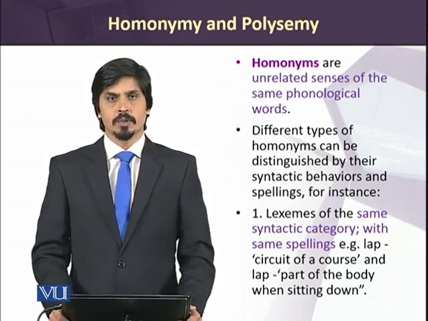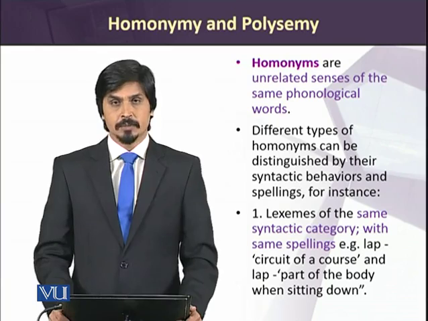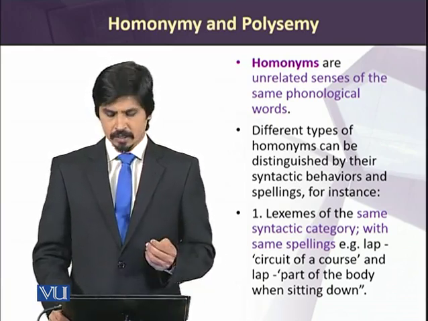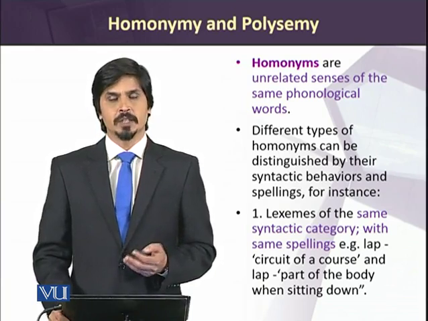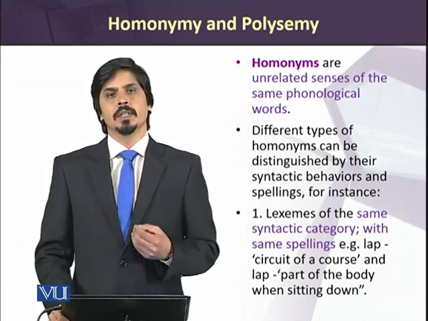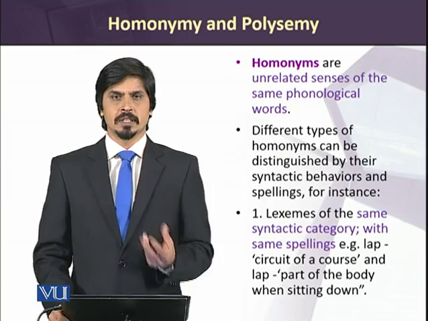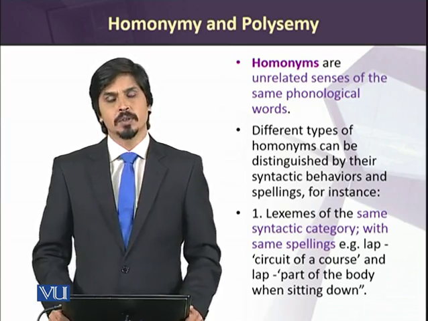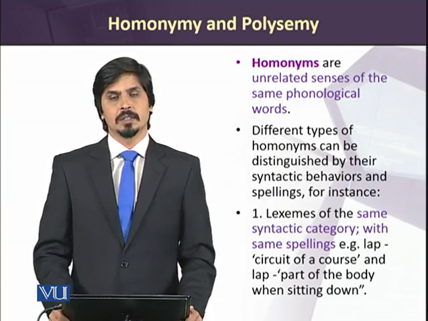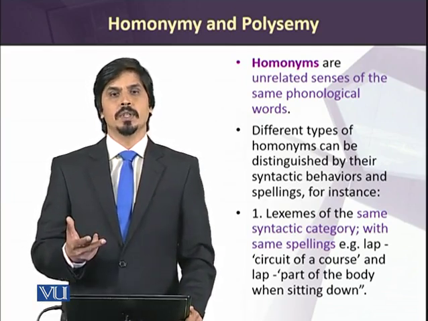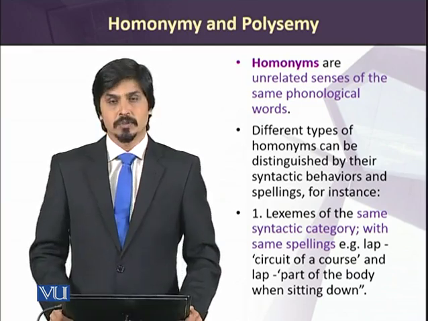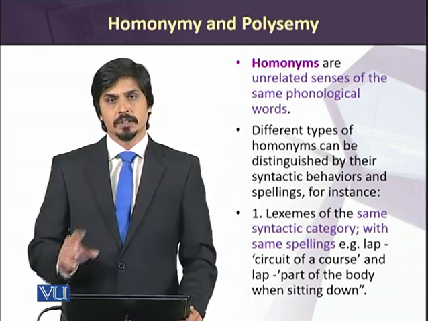To begin with, we'll look at the lexemes or words with the same syntactic or grammatical category and with the same spellings. For example, the word lap is a noun. It means circuit of a course, and a similar word with the same spelling, lap, means part of the body when we sit down.